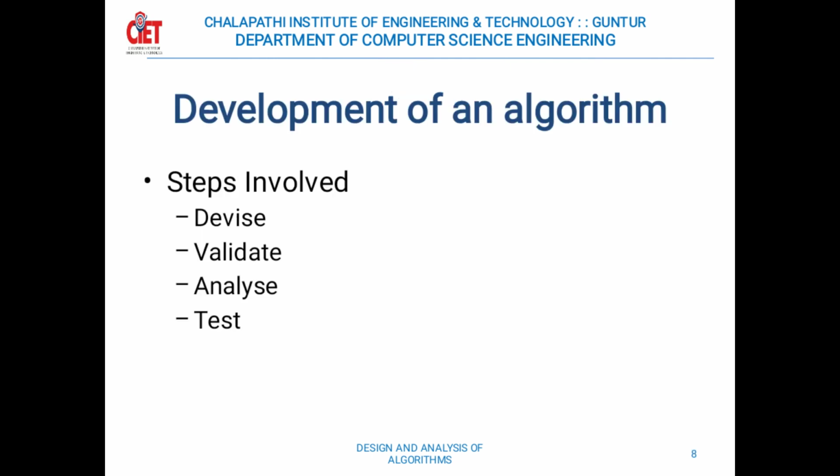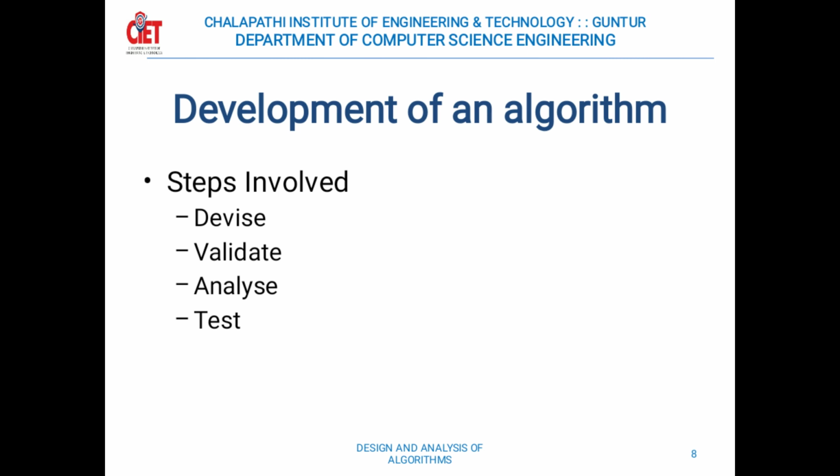Now we are going to discuss the development of an algorithm. The algorithm development process has four steps. First one is devise, the design phase: design an algorithm using any one of the design paradigms. Then after, we validate the algorithm, the validation phase.